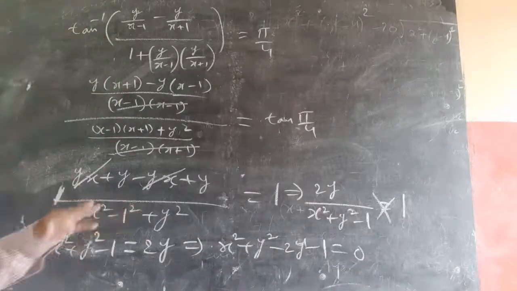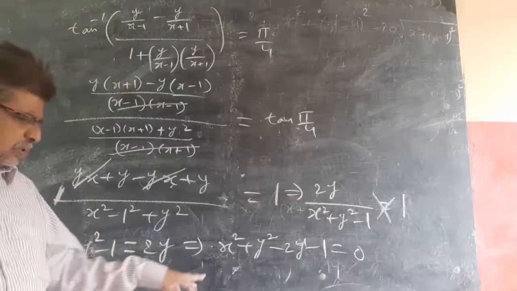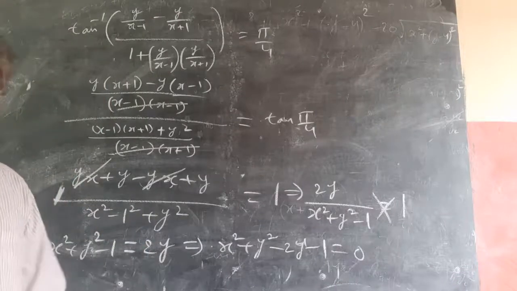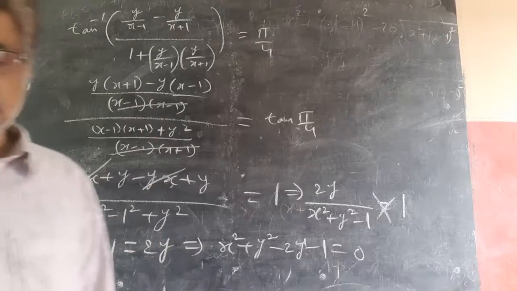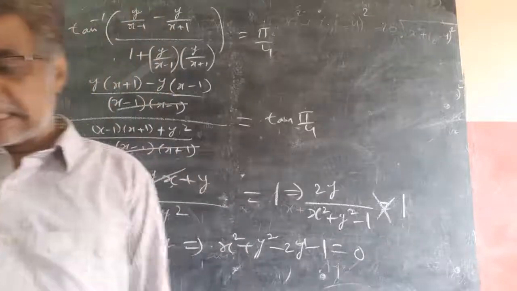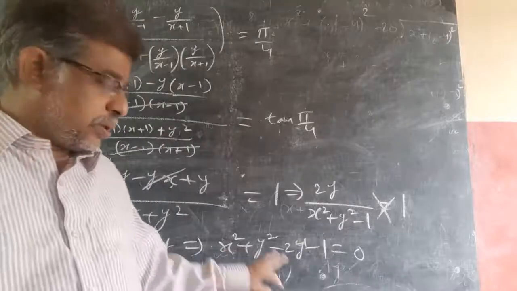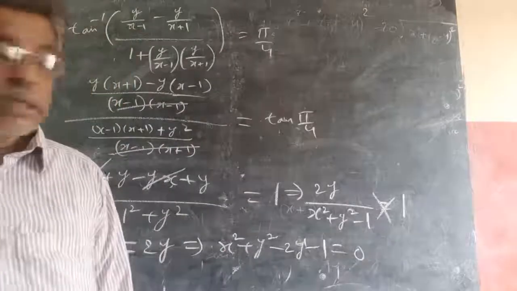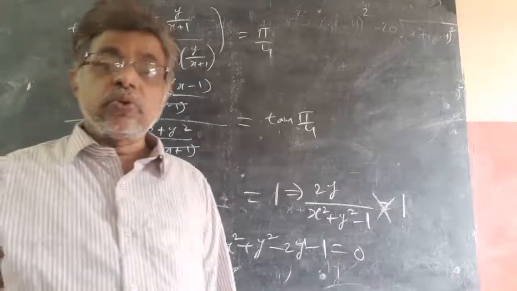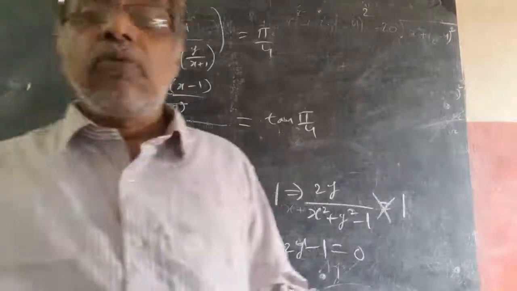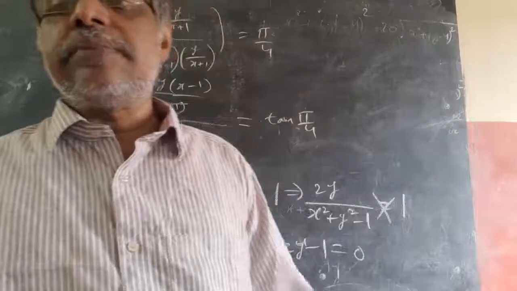So argument of (z minus 1) by (z plus 1) always represents a circle whose center is (0, 1) and radius is root 2. Like that we can do these types of locus sums.